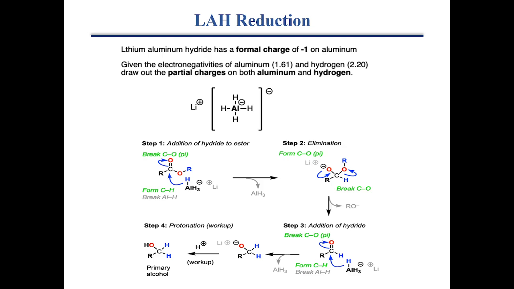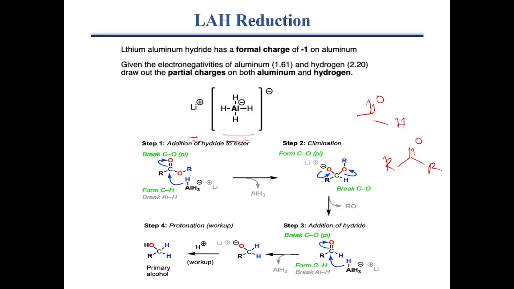So now we'll discuss the lithium aluminum hydride reagent. The structure is this one: lithium plus and aluminum hydride is AlH4 minus. So lithium is positively charged and aluminum hydride is negatively charged. So why does aluminum not directly attack any kind of ketone?